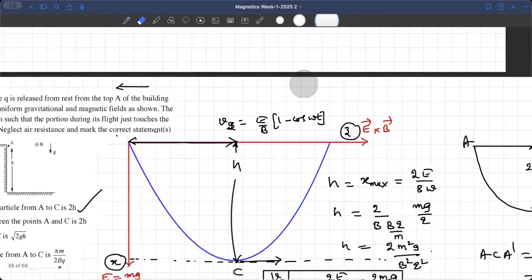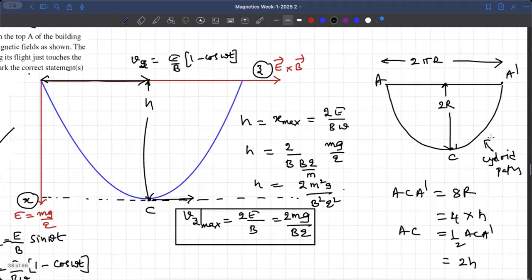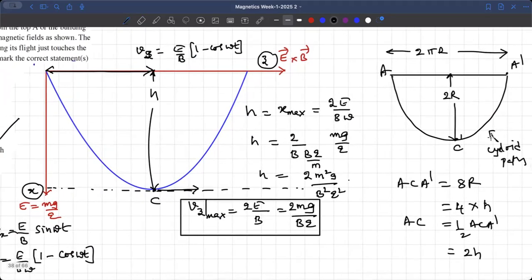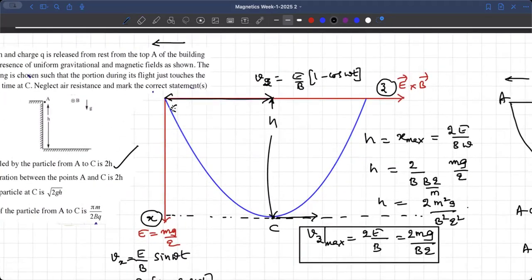In a cycloid path, this particular distance will be 2 pi r. Distance traveled by the center of the ring, 2 pi r. Or you just concluded, where r is h by 2. R is h by 2. You want only the horizontal distance, and this will be pi r.